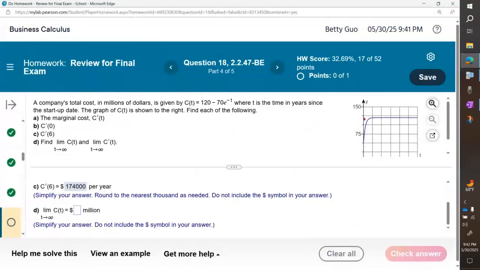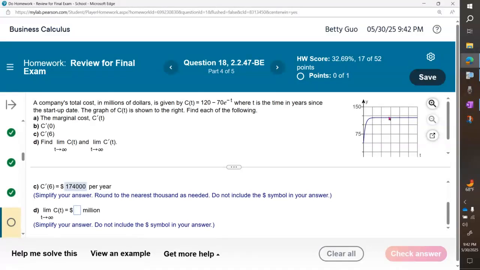As you can see, y equals 120 is an asymptote. That means over time, the cost will not go up anymore. In the beginning, there is the cost to get everything ready, and the cost is going up.